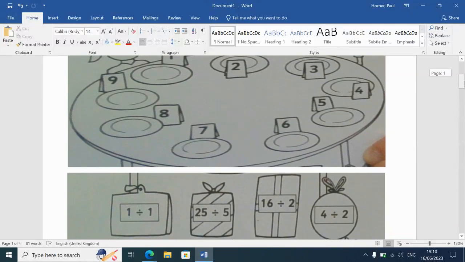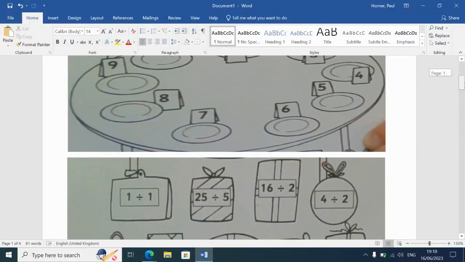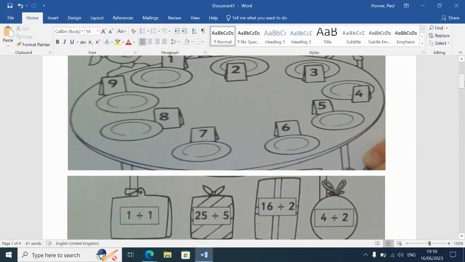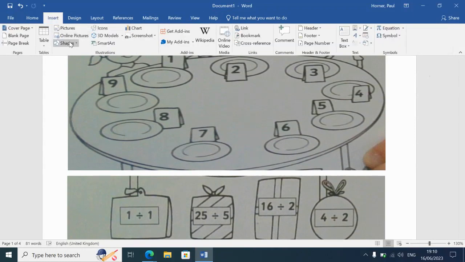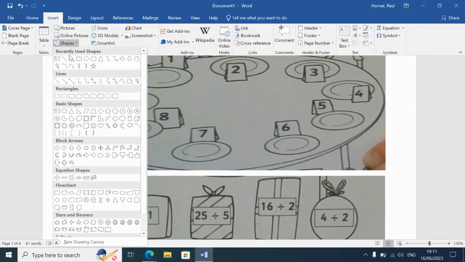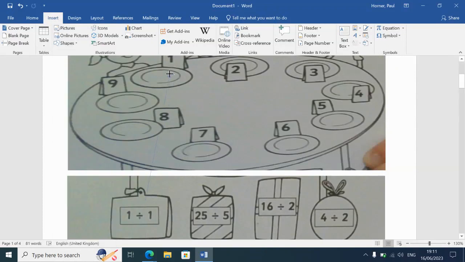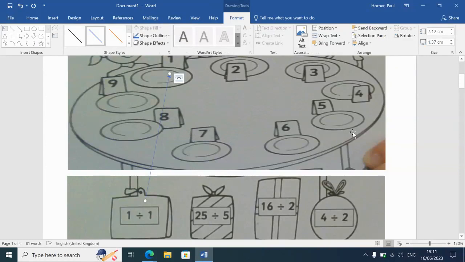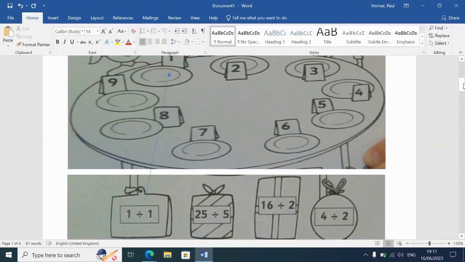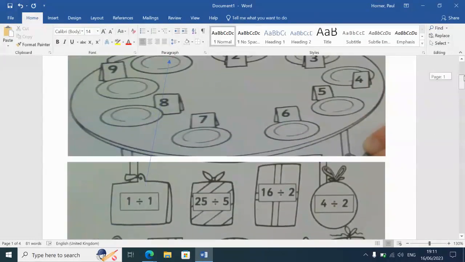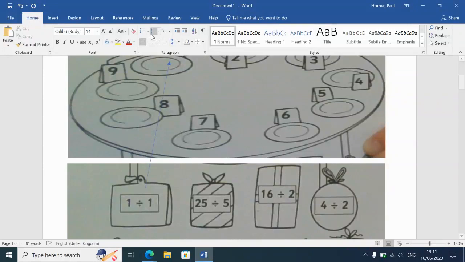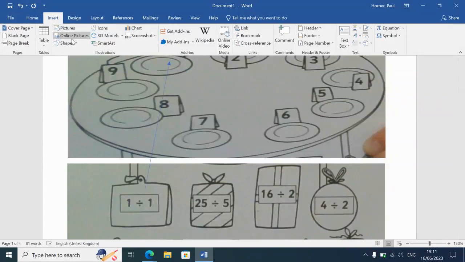1 divided by 1 would be 1. So I'm going to get an arrow there. Next present. 25 divided by 5 would be 5. I'll just get my arrow.